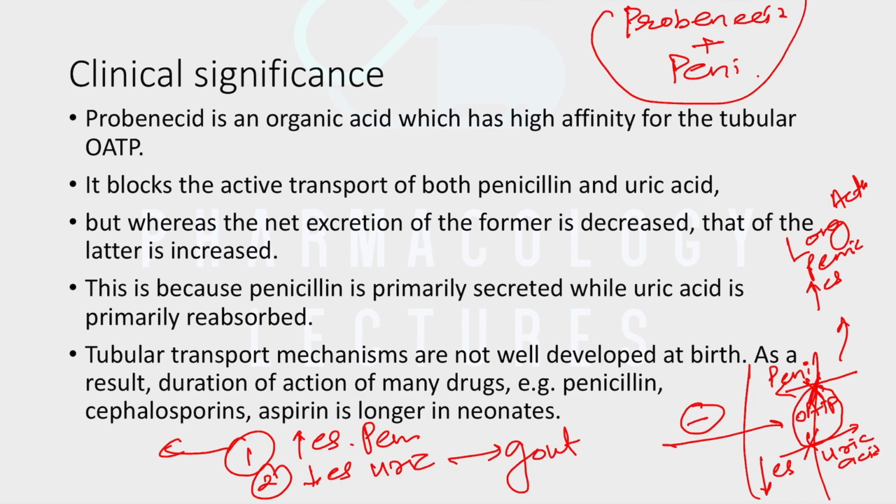This inhibition can occur with the help of drugs like probenecid. So this is the clinical significance of secretions, right? There are many examples, but this is one of the best examples through which we can understand the significance of tubular secretions.